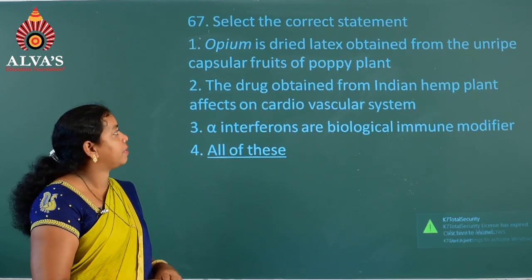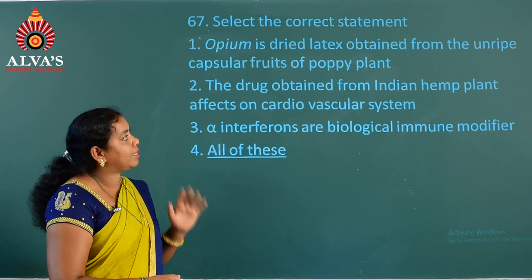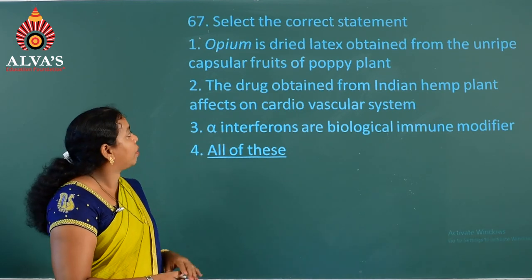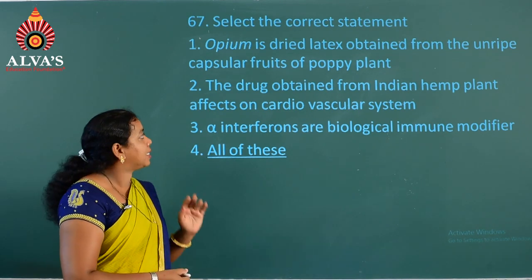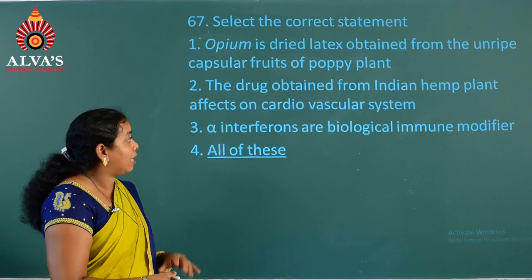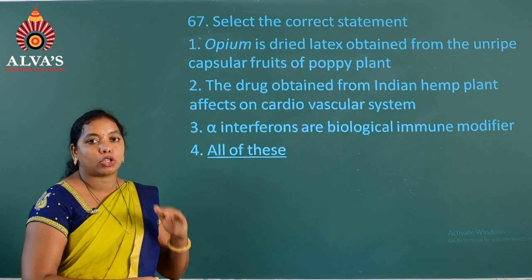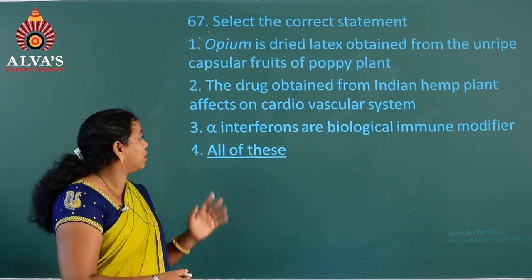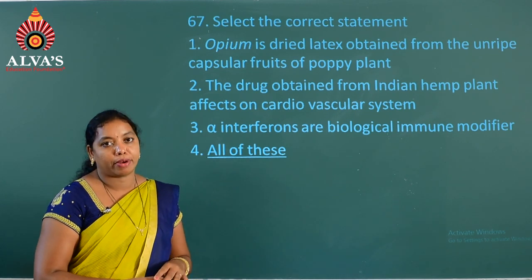Select the correct statement. Option 1, opium or dried latex obtained from the unripe capsular fruits of poppy plant. The second one, the drug obtained from Indian hemp plant affects the cardiovascular system, in the sense it used to slow down the function. Third one, alpha interferons are biological immune modifiers.